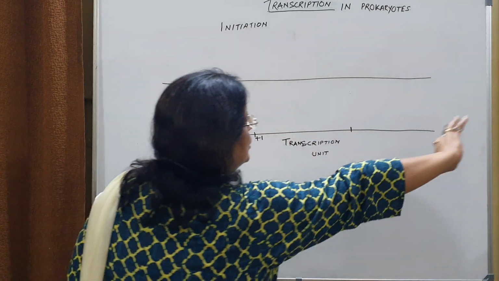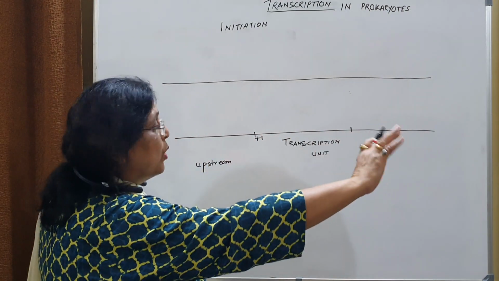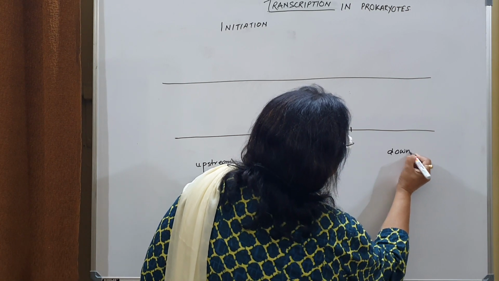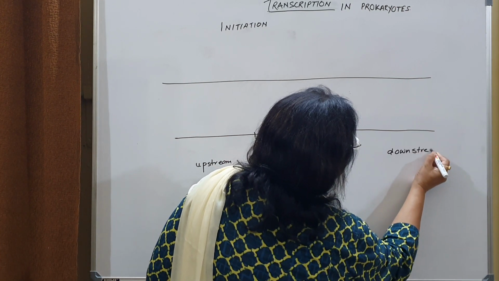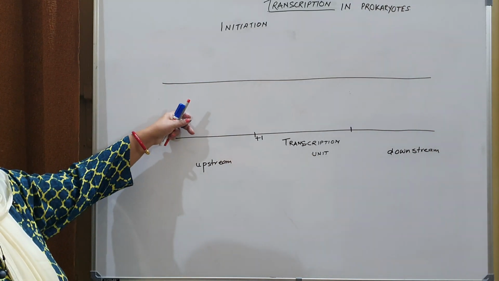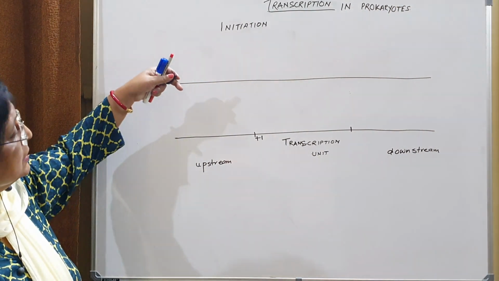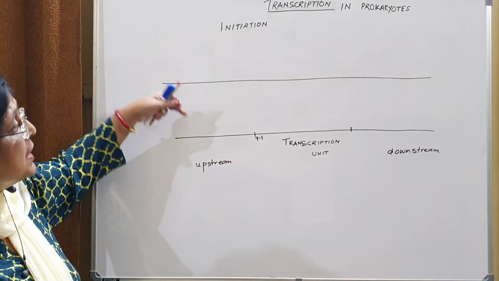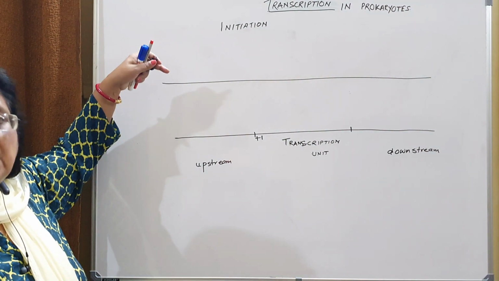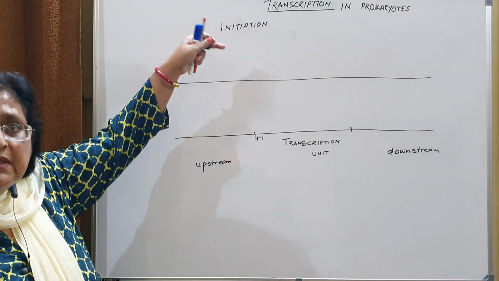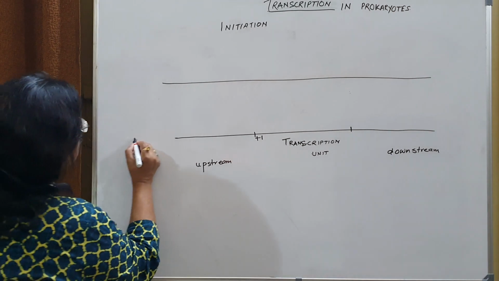And the direction in which the transcription process goes on is known as downstream. Now for the process of initiation to begin, the upstream part is very important because here we find the promoter, which promotes the process of initiation. The promoter is here.